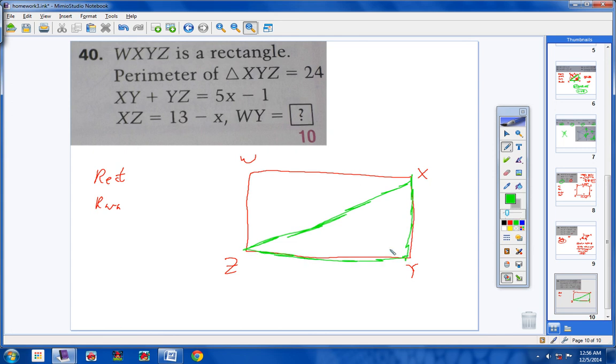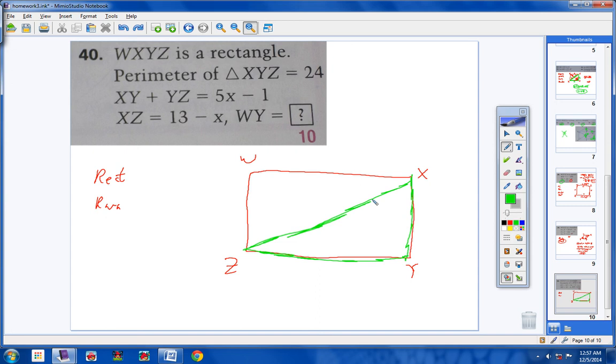Well, we already know that if we take xy plus yz, we get 5x minus 1. Okay, we already know that.